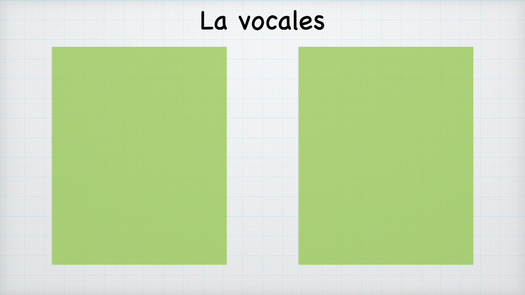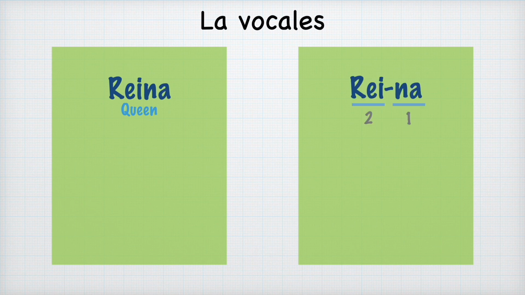When they're next to each other, the strong vowels will have the stress. For example, we have reina. It means queen. But the stress is going to be on the E because that's the strong vowel.